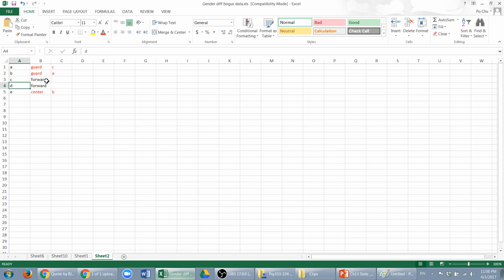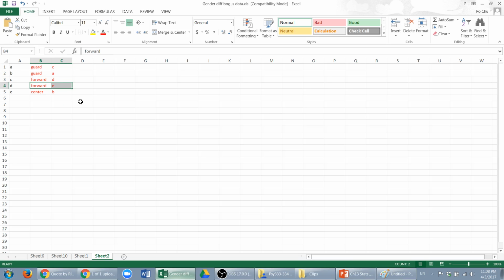D still has two choices, and she says, I'll play this forward. Okay, so this is D. So see, four people have freedom to choose. But how about E? She is the last one, and she has no choice but to play this position, unless she doesn't want to play.